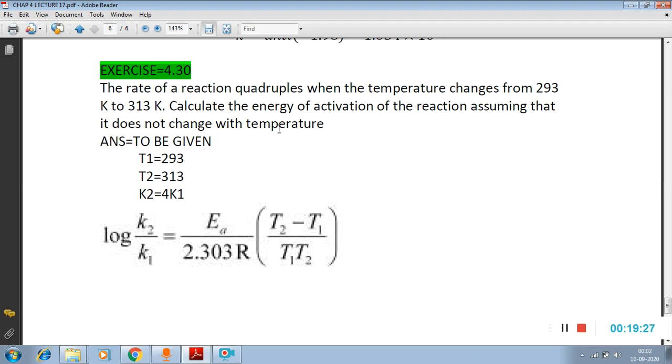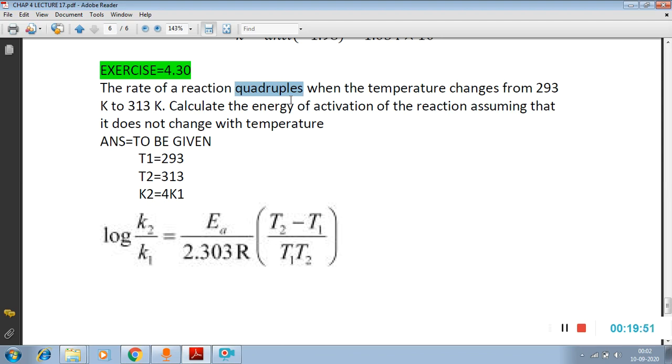Okay, here two temperatures are given to us, 293 and 313, and when temperature rises, the rate quadruples here. Now what is meant by quadruples? It means it increases 4 times here.